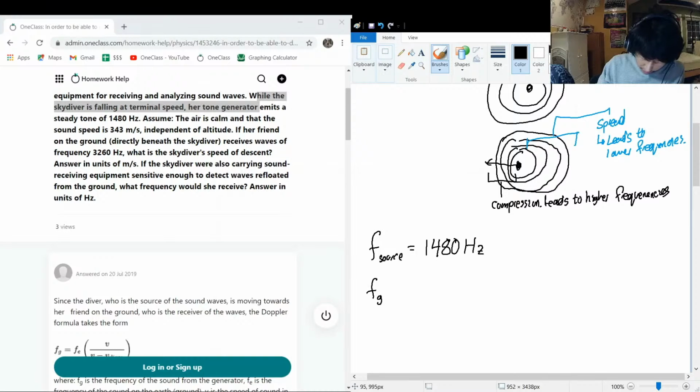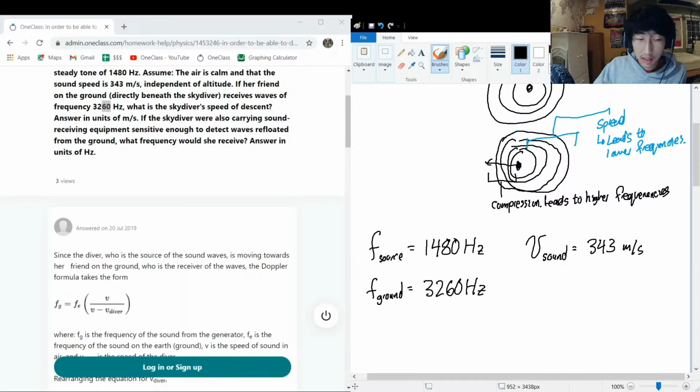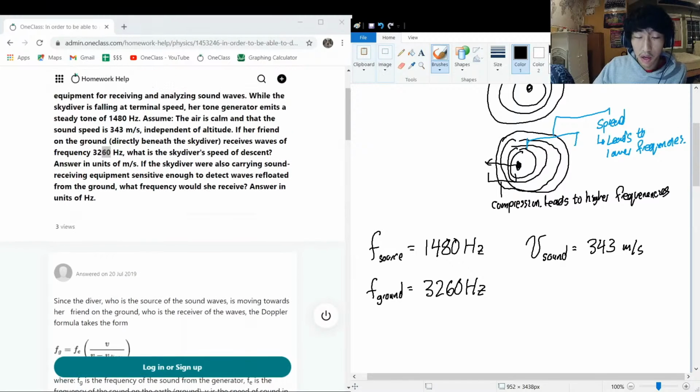The F ground was given as 3,260. The V sound was given as 343 meters per second. And we now need to solve for the velocity of the diver.